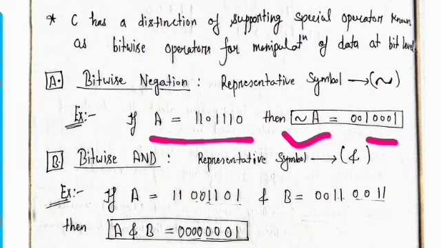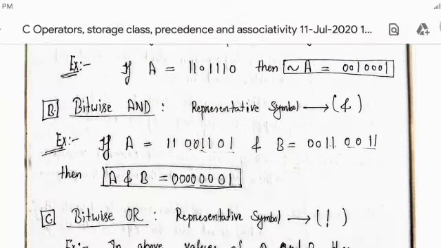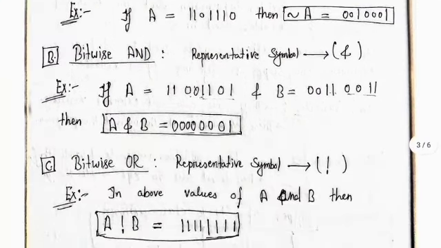Now come to the next, that is the bitwise AND, and we know the properties of AND. It is represented as single &, like this.